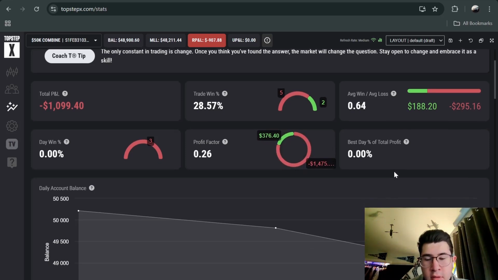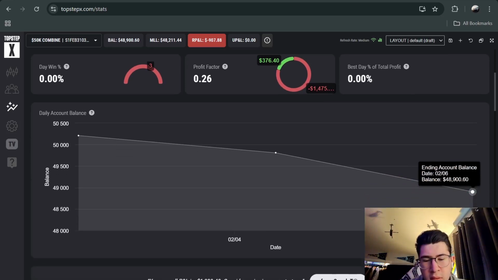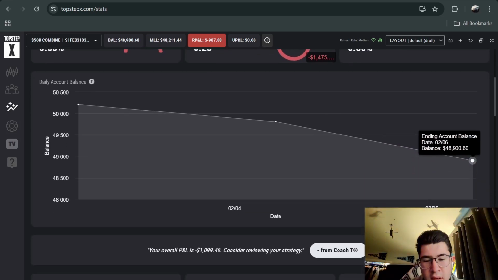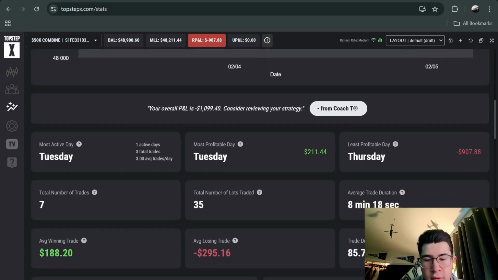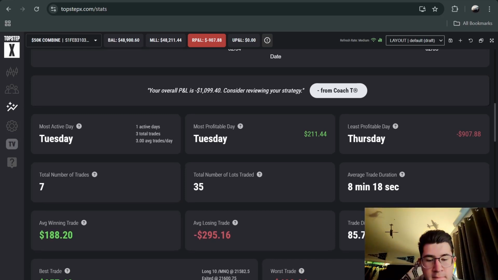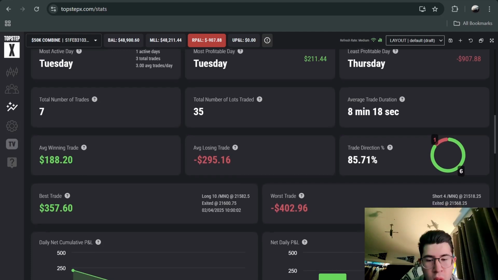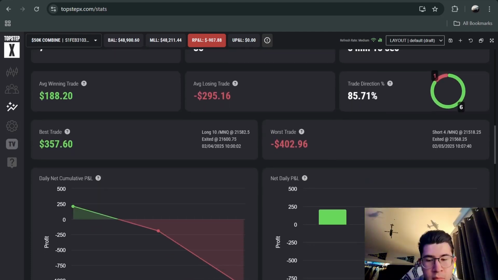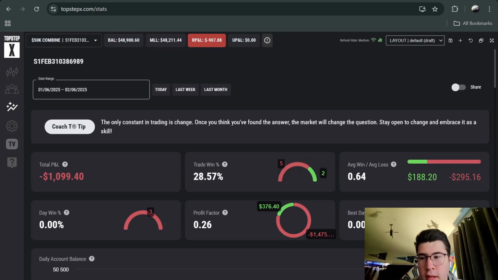But it is what it is. Hopefully we could get back, and if we do blow the account, I don't know if I'm gonna reactivate it or just wait till a monthly charge.